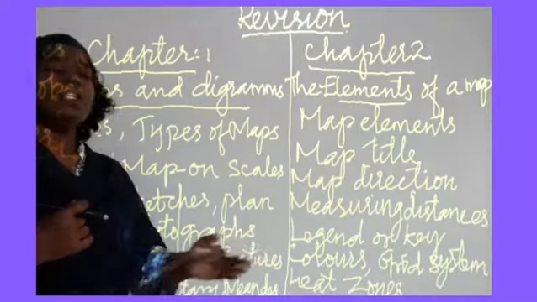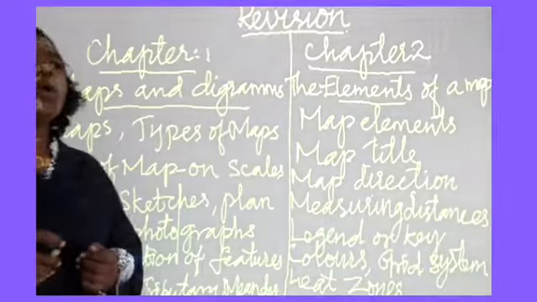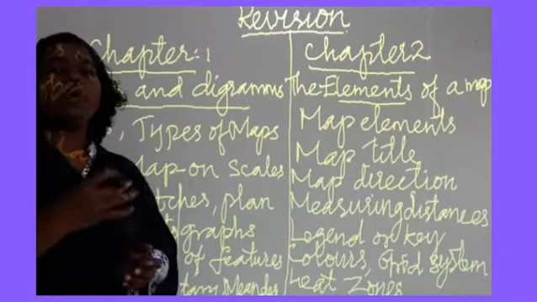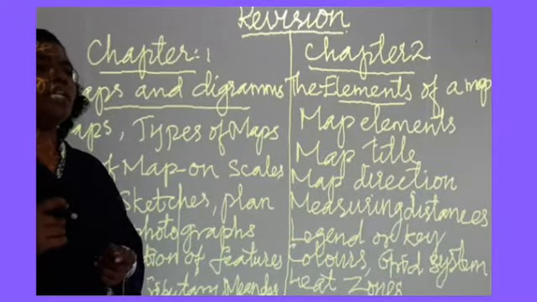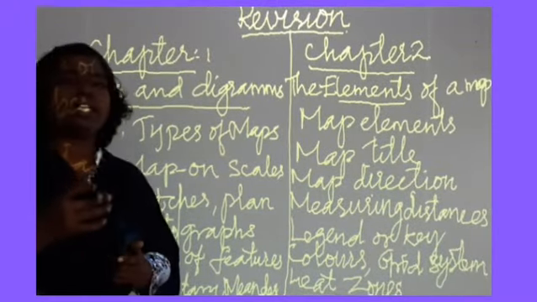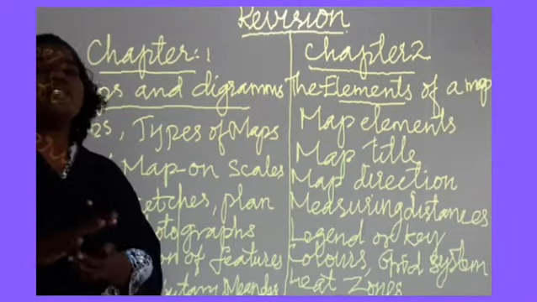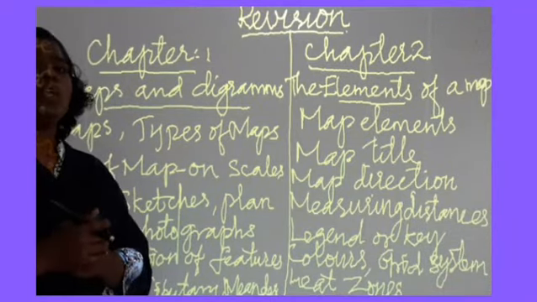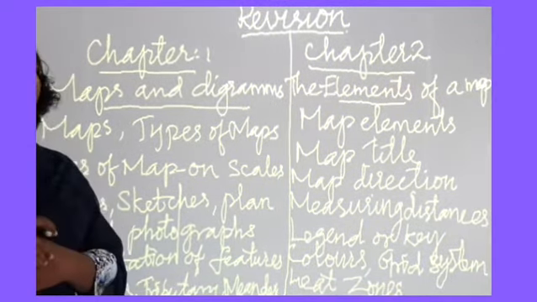The frigid zones are located near the poles, in the North Pole and the South Pole, from 66.5 degree to 90 degree. That region we call the frigid zone. In the frigid zone, the temperature is very low compared with the other regions.